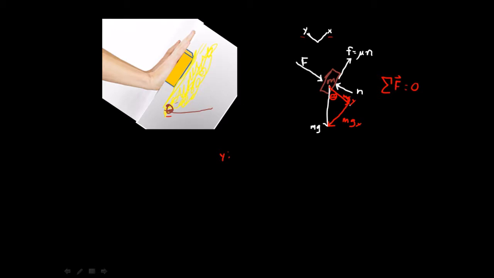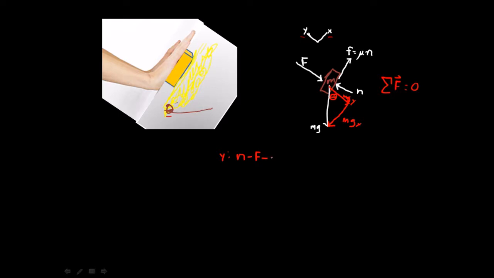And we have to pay attention to that. So there are 3 forces in the y direction. So we would write, you want to start with the positive one? Sure. So we could write N minus the applied force F minus mgy.